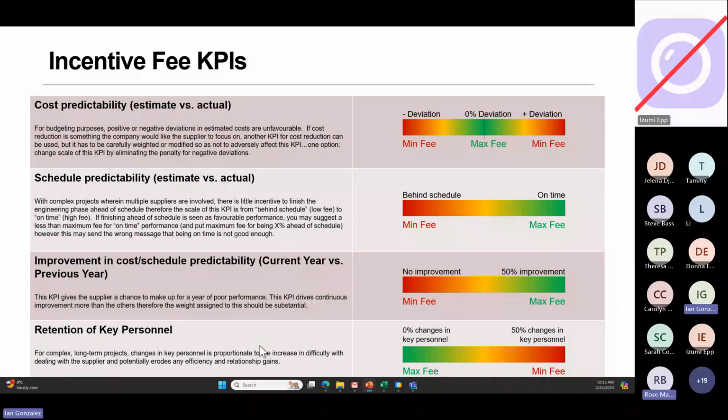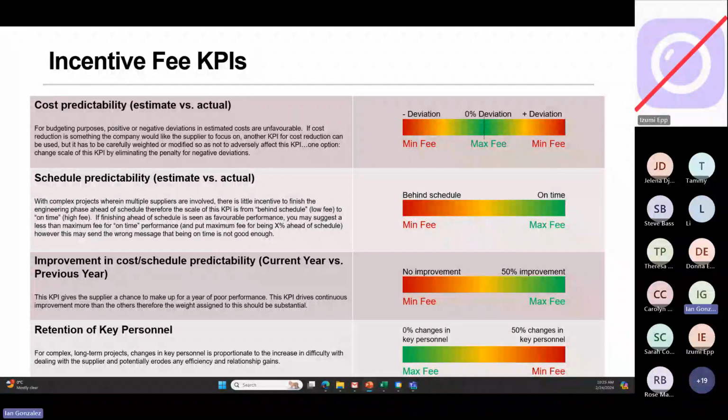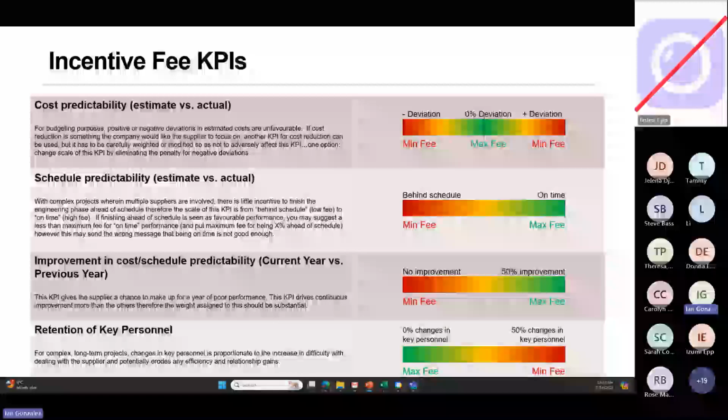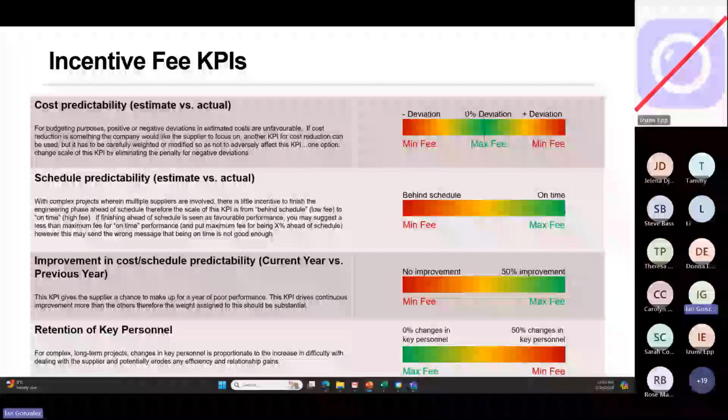And I love this KPI, the retention of key personnel. In complex long-term projects, changes in key personnel are proportionate to an increase in difficulty with dealing with the supplier and potentially erode any efficiency and relationship gains. Some of you may have seen this where you go into a relationship with a supplier and they say, we're going to give you our A team, our best of the best is going to work on this project.